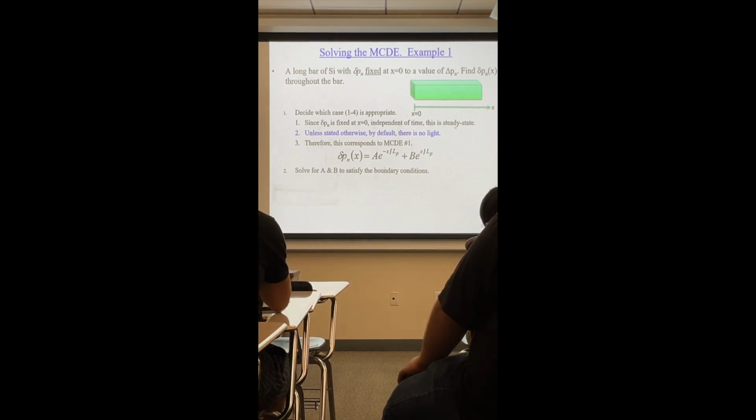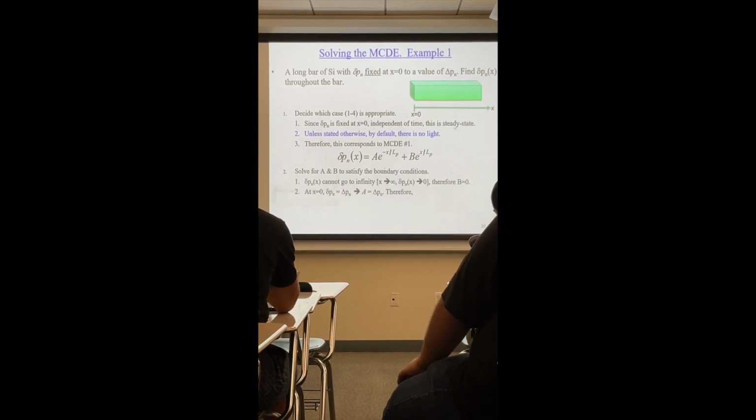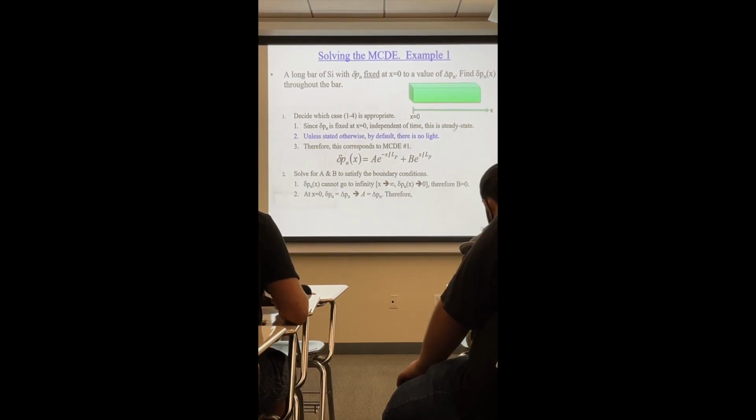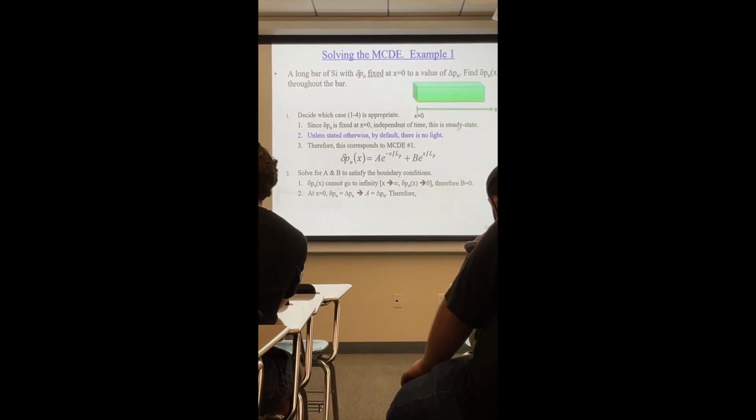So due to recombination, these holes cannot reach infinite length. These holes will always go to 0 at infinity due to the recombination. Okay, so now we have these two boundary conditions, and we can solve this easily.